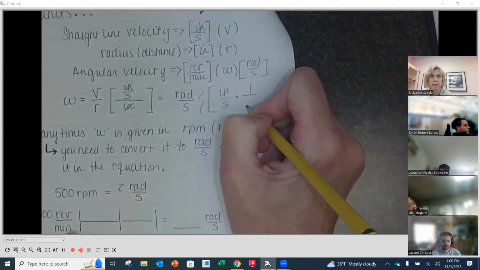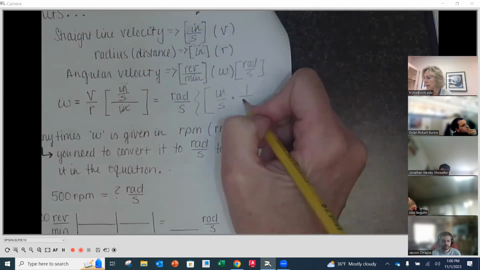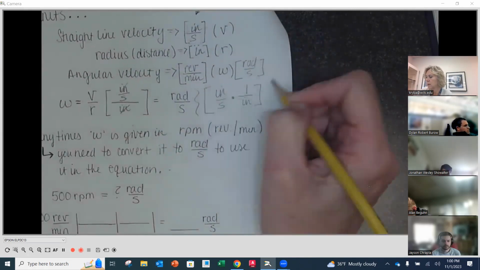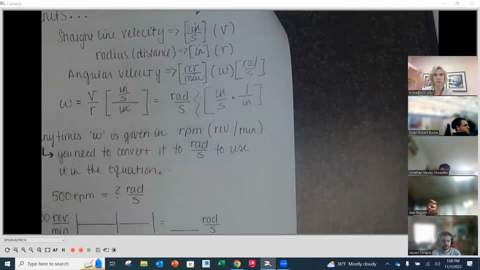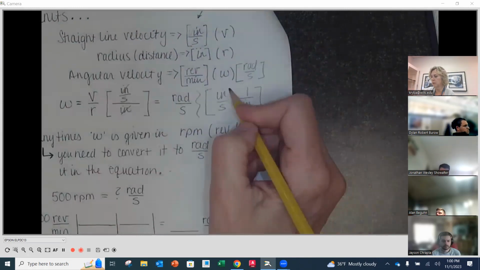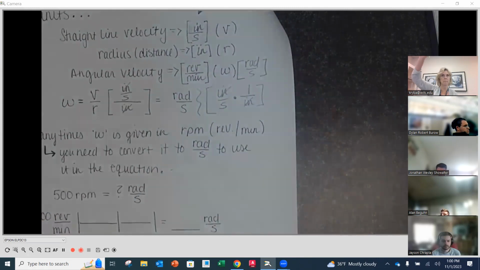That's what we technically do in algebra. So that's going to be 1 over inches. If we multiply horizontally like this, the inches cancel, so you end up with nothing over seconds. Does that make sense? Yeah.